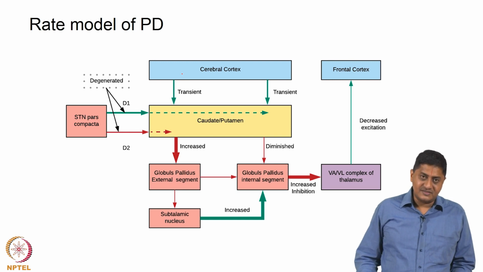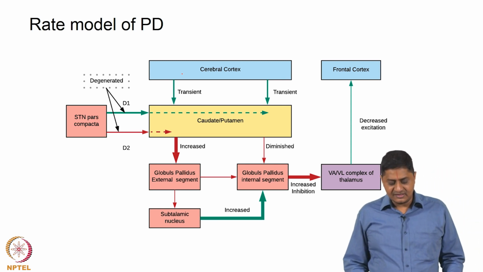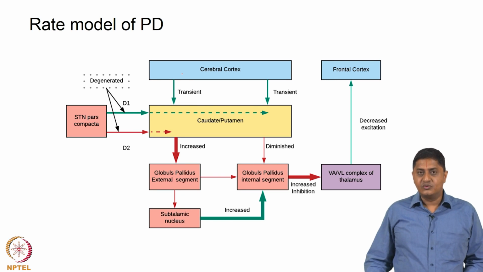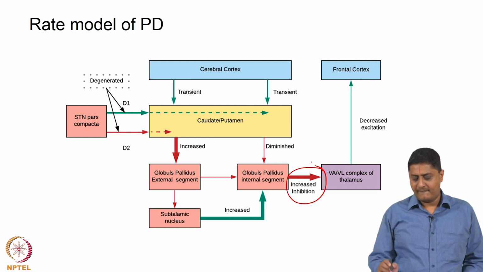What has happened in these cases is that an artificial degeneration of the dopaminergic pathways is caused due to the effect of MPTP on the substantia nigra pars compacta. What was then found was that this led essentially to an increased inhibition at the thalamocortical level, at the output level.